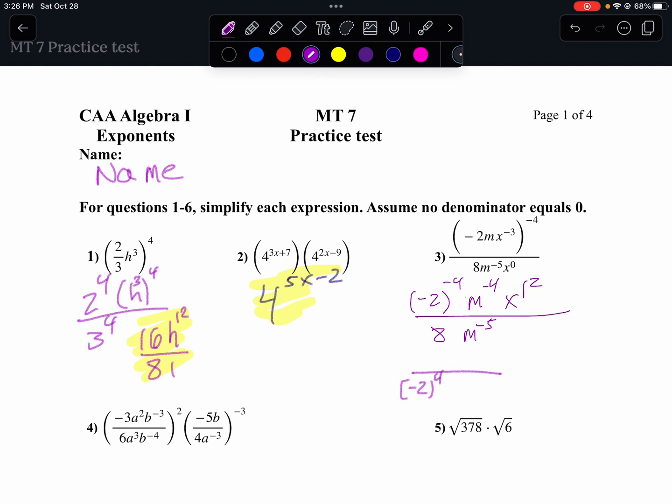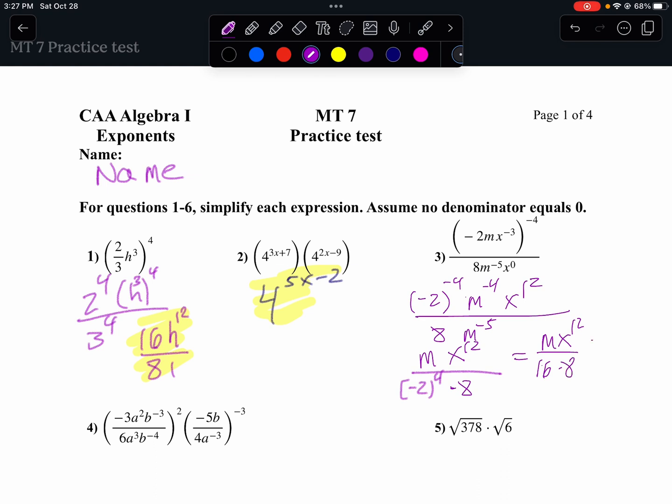So I'll just say m. And then x to the 12th will be my numerator. And don't forget, I still got the 8 down here. So I'll get m x to the 12th. And then negative 2 to the 4th power will be a positive 16.